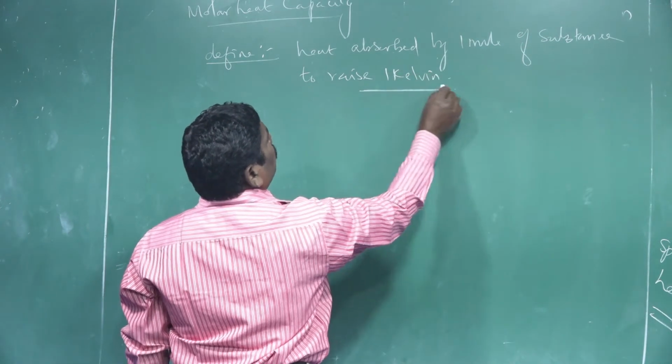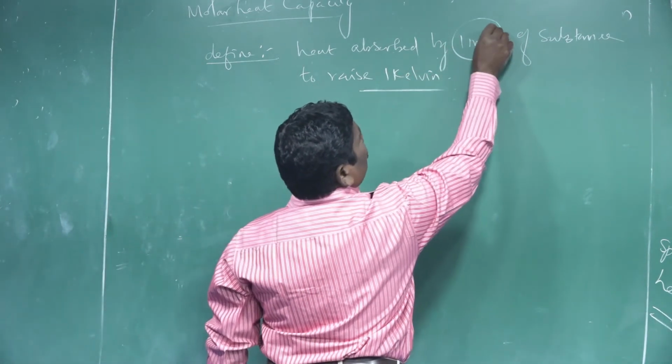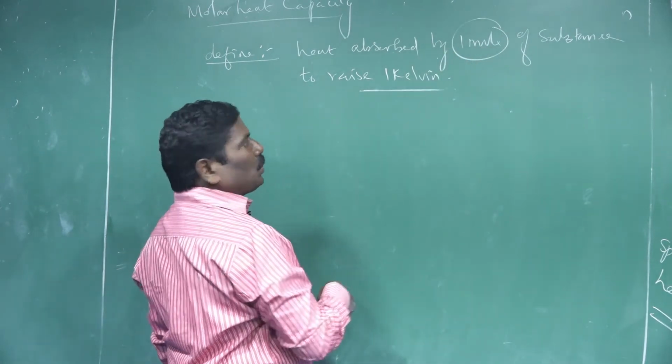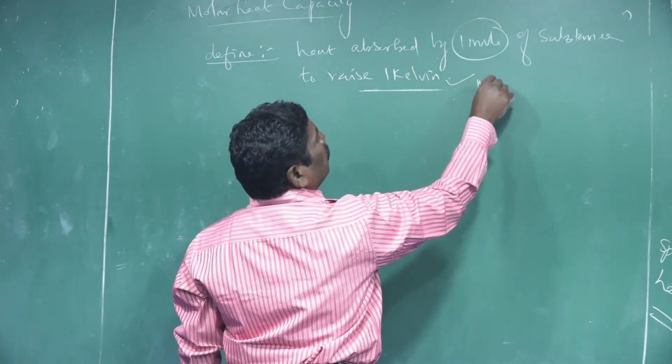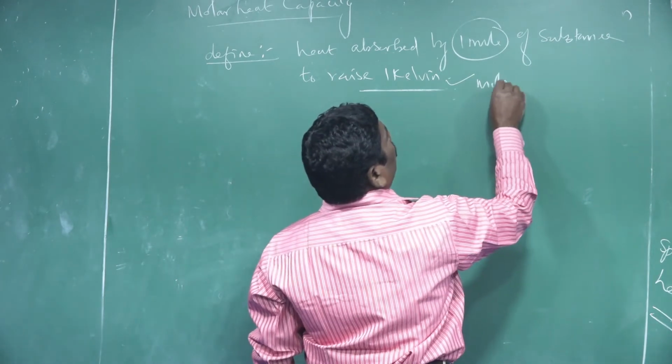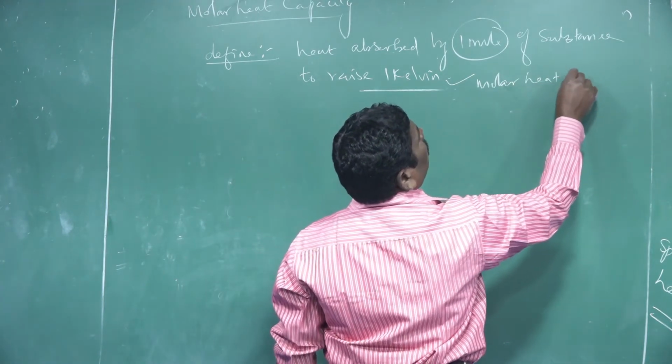That is the point you should understand. 1 mole of the substance which absorbs the heat to rise 1 Kelvin temperature is called molar heat capacity.